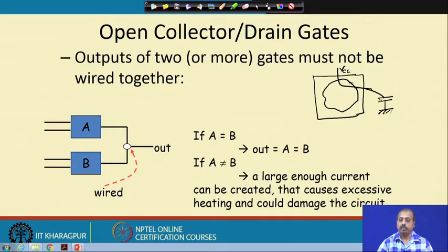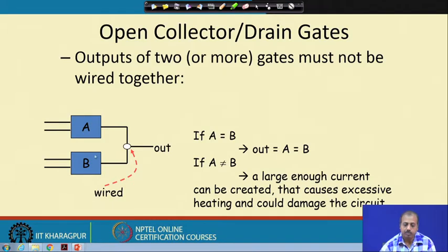Another difficulty with the TTL family is this: suppose we have two blocks A and B, and the outputs of A and B are shorted together. If A equals B, there is no conflict, so the output is equal to that value. However, if A is not equal to B, say A's output is 1 and B's output is 0, then A is trying to pump in current and B is trying to sink current.